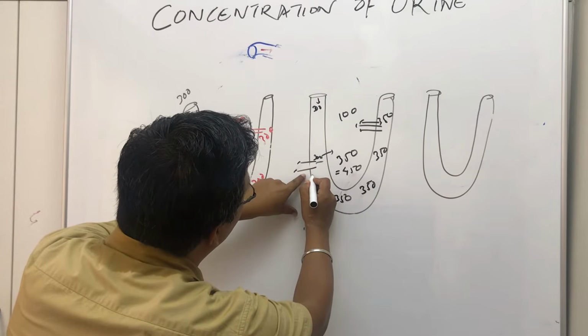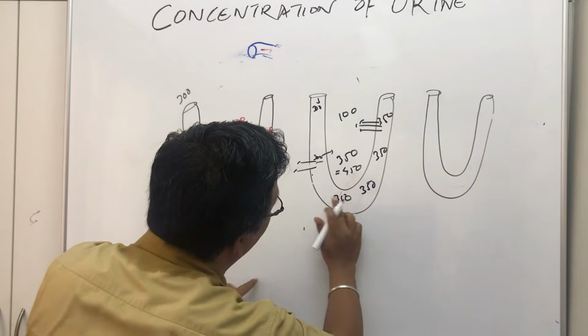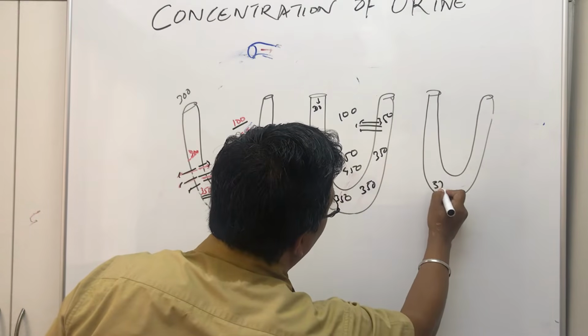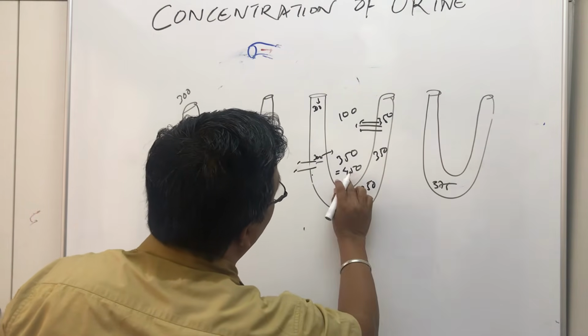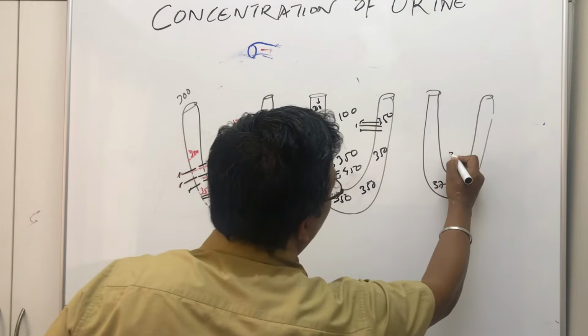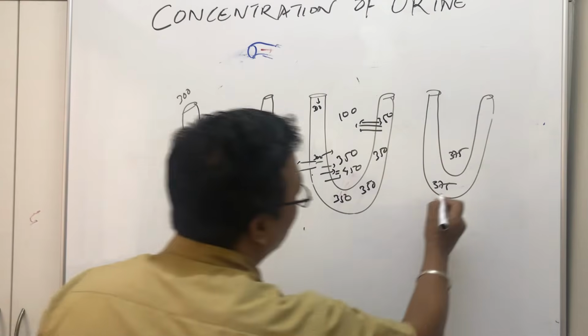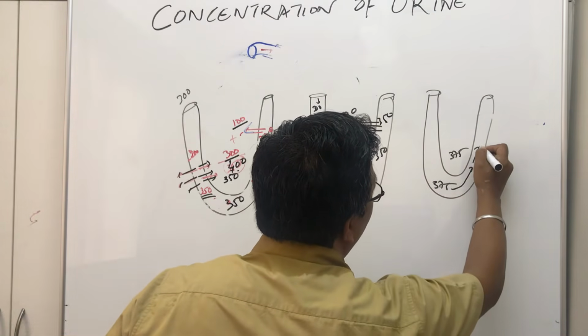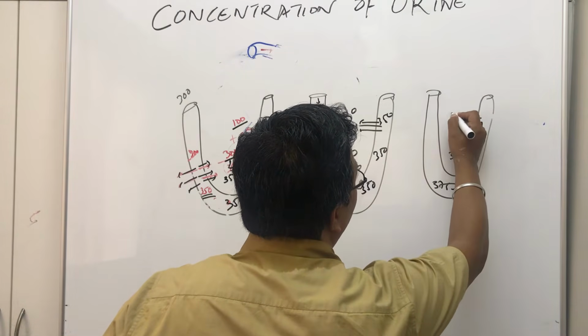So ultimately it will become 375. When the fluid comes out here, it will become 375, and 450 will be diluted because water is diluting this portion. So this portion becomes 375. So now this 375 will move up, and it will lose 100 sodium chloride.